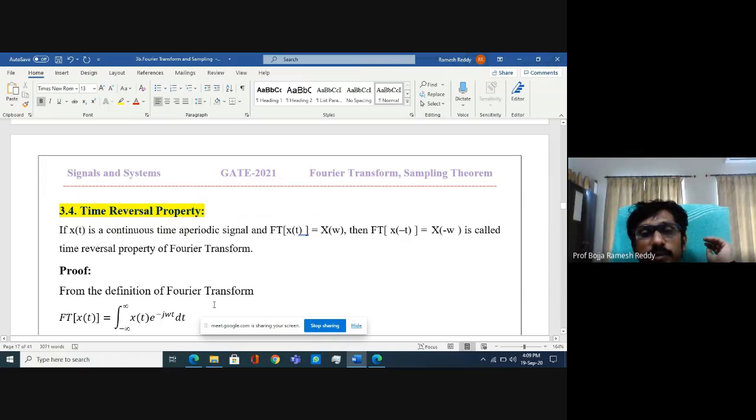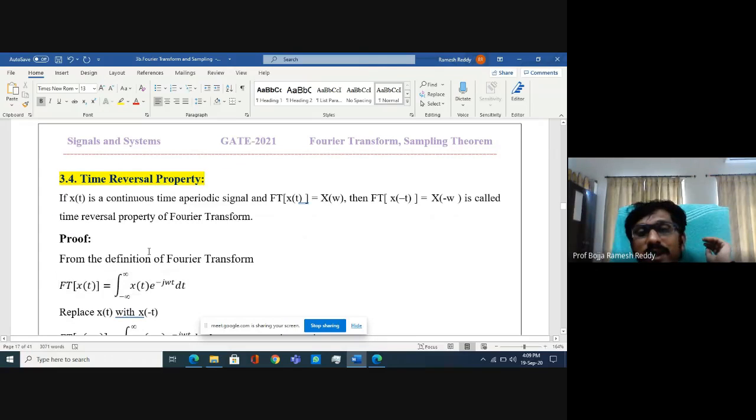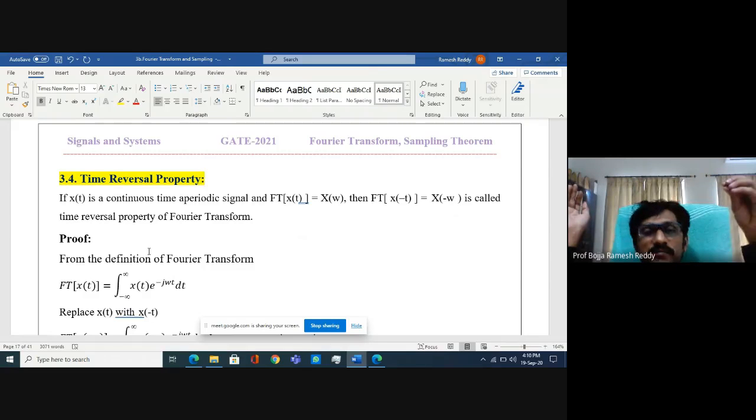Next, the time reversal property. Time reversal means mirror image, folding. If the time domain signal is in the form of folding, then the frequency domain is also folding. Very simple property. If we know the signal, take the folding form in the time domain, and automatically in the frequency domain also take folding.